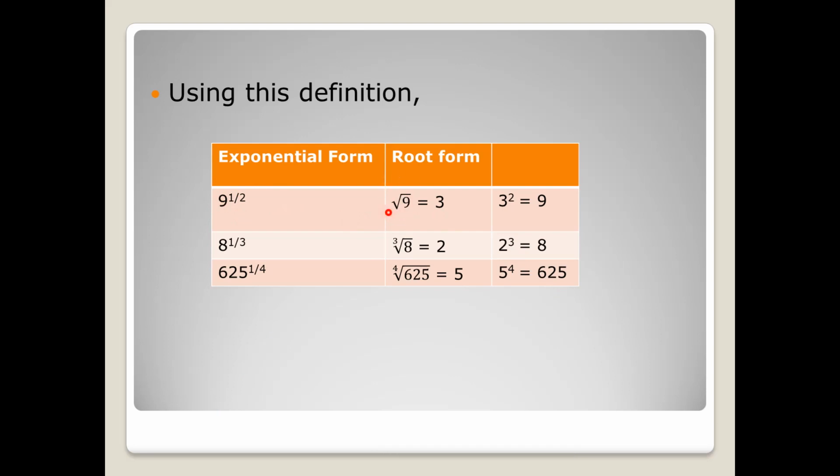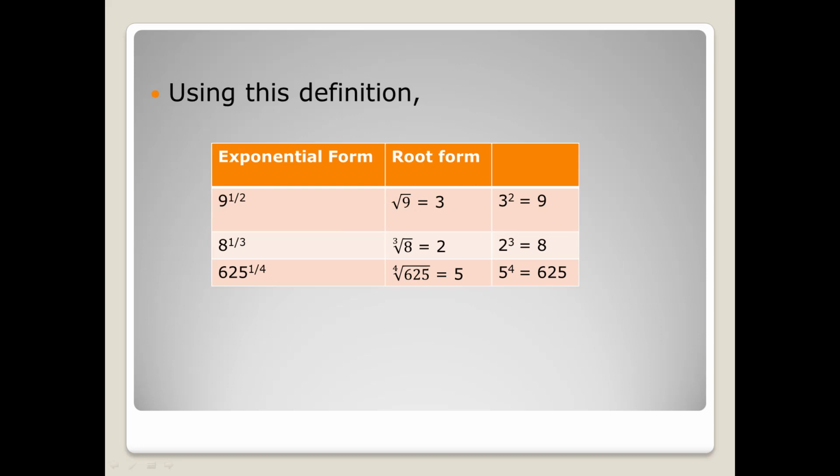And we write it using the symbol of the root like this, root 9, which is equivalent to 3, which means that if we raise 3 to the power of 2, we will get 9. Or if we raise 9 to the power half to 2, we will get 9.